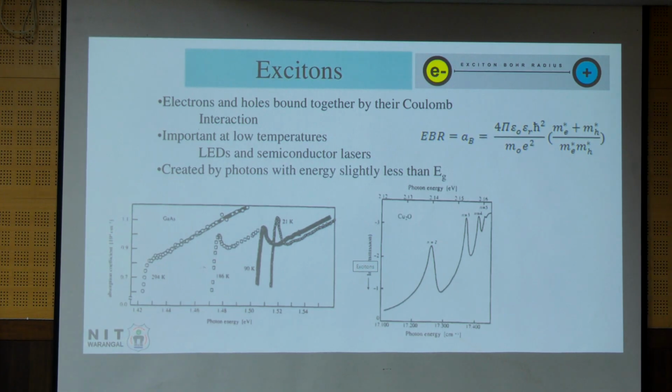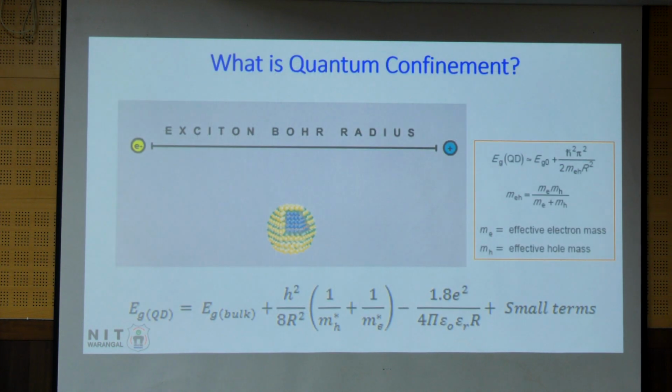Suppose I make zinc sulfide lesser than the exciton Bohr radius, then I can see the quantum confined effects in that one. How is it possible? Imagine the exciton Bohr radius of any bulk material is a standard one. So 2 nanometers means the distance between a hole and an electron is 2 nanometers. Suppose I made zinc sulfide lesser than 2 nanometers, like a 1 nanometer particle, quantum dots I have made.